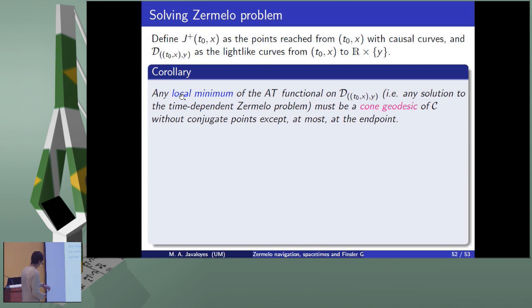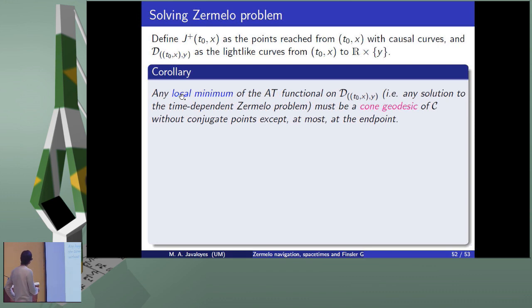In order to solve the Zermelo problem, we have to define the causal future. The causal future basically is the region that you can reach with causal curves. In the universe, it is the region where you can arrive, because to travel throughout the universe, you can only use time-like or light-like curves.